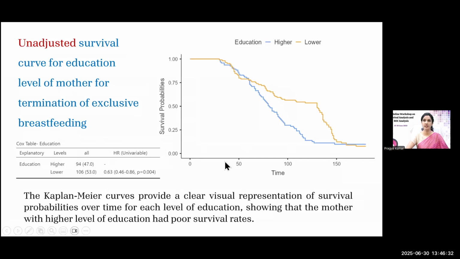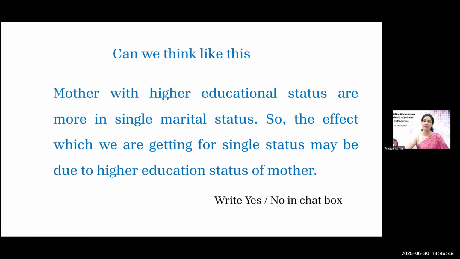So this again provides a clear representation. This yellow or orange color you can see here shows that if the women had lower education, they had better survival probability. So can we think that mothers with higher educational status are more often single, and that's why the effect we are getting for single status may be due to the higher education of the mother?